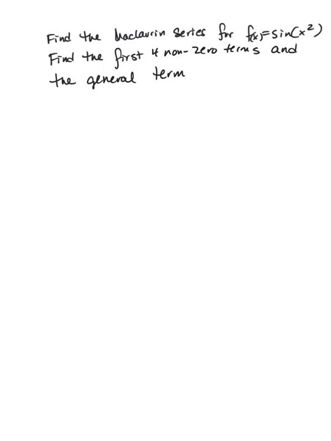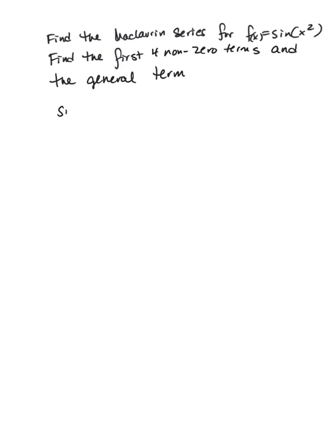Okay, pause the video and copy down this question. Find the Maclaurin series for f of x is sine of x squared. Find the first 4 non-zero terms and the general term. Okay, so this is just going to be substitution.